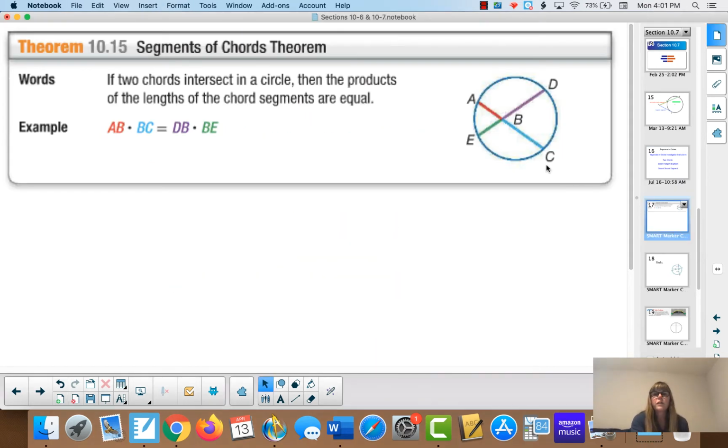Alright, so starting with the two chords one, we say the product of the two pieces of the chords are equal to each other.